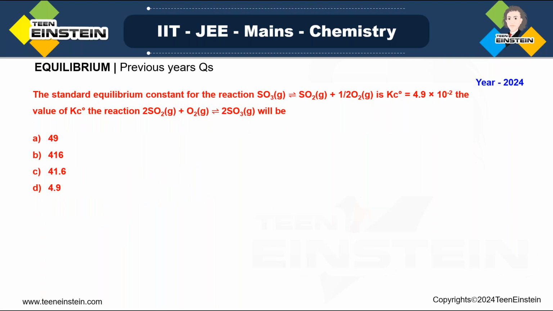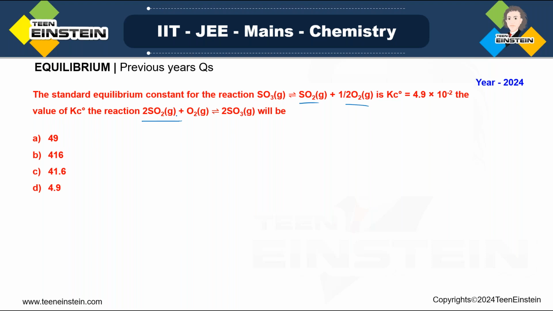Next question is the standard equilibrium constant for the reaction sulfur trioxide decomposed to sulfur dioxide and half oxygen. Standard equilibrium constant, that is equilibrium constant at standard condition, is given as Kc naught 4.9 × 10^-2. The value of Kc naught for the reaction, which is another reaction, but it has some similarity with the previous reaction.